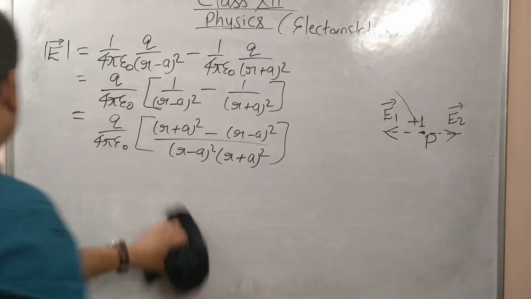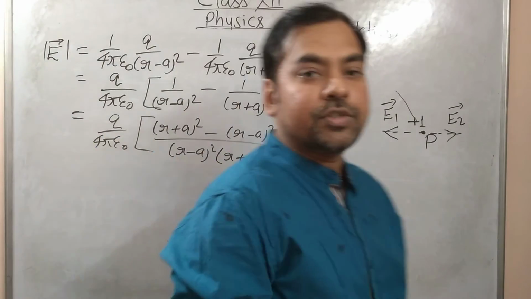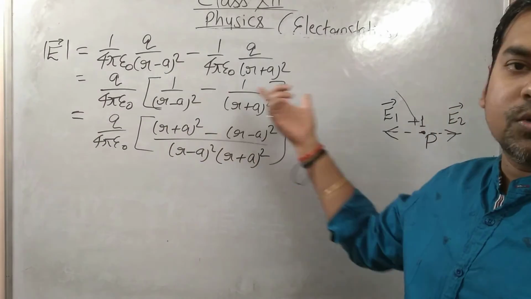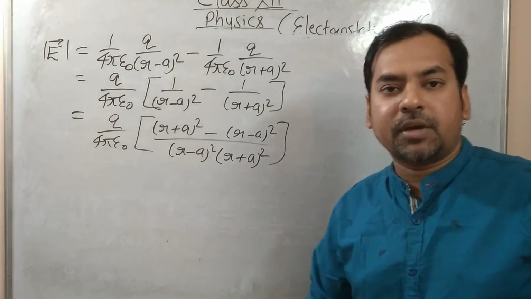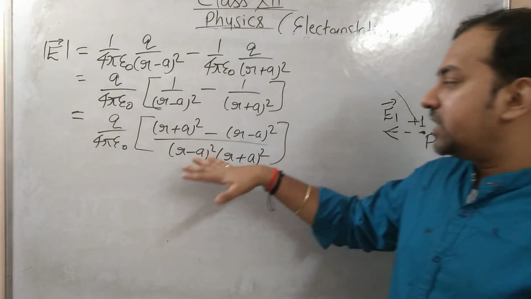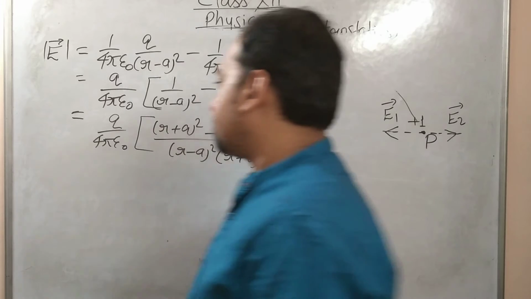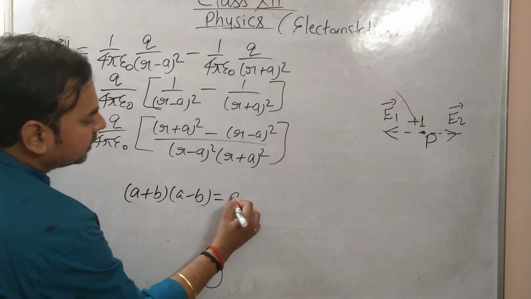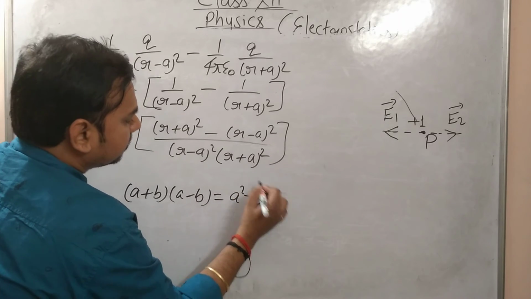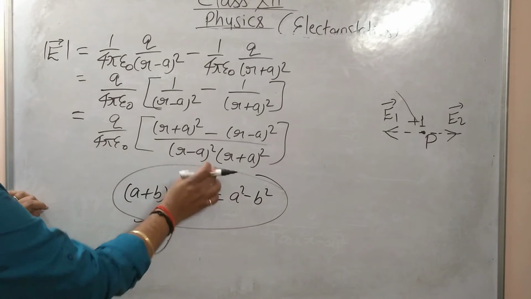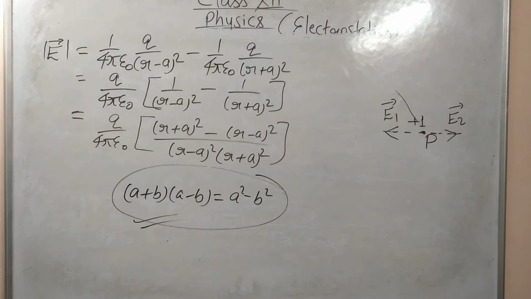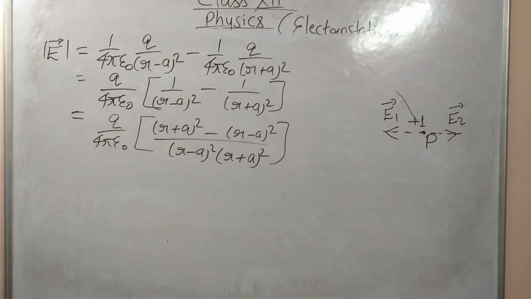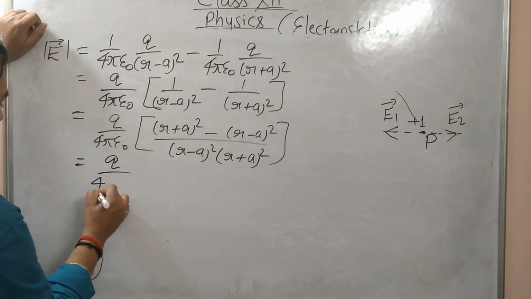In the numerator, we can expand using the a plus b whole square and a minus b whole square identities. In the denominator, we can apply the identity a plus b into a minus b equals a square minus b square. Now by applying these two identities, we can get this result.